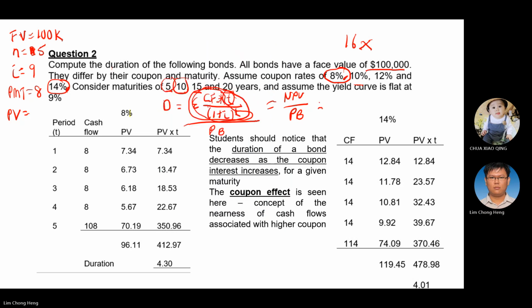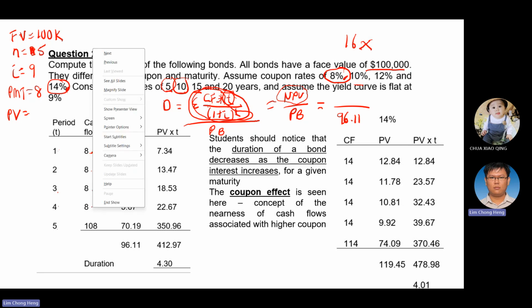So here, 96.11. Okay, and then now we need to settle the MPV here. So we have the 5 years. 1, 2, 3, 4, 5. A 5 year bond. Okay, the cash flow is the first year I get the coupon payment 8,000. Second year coupon payment 8,000, and the third year and 4th year are the same.